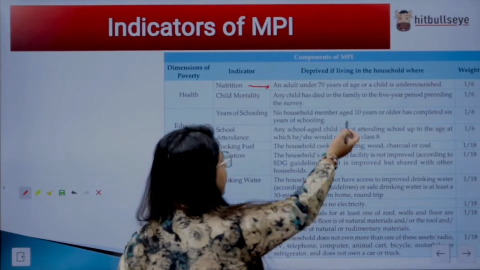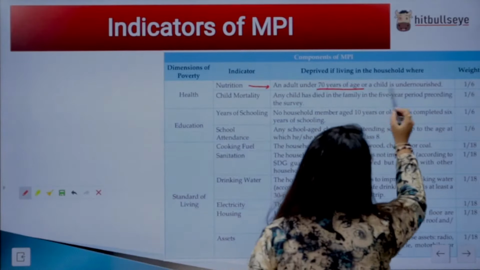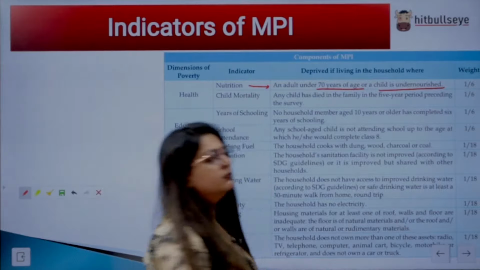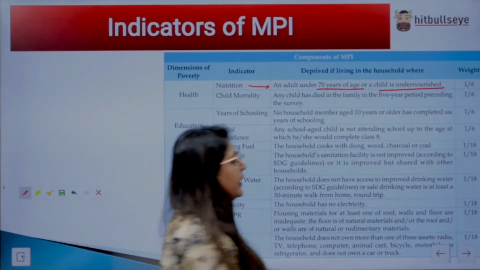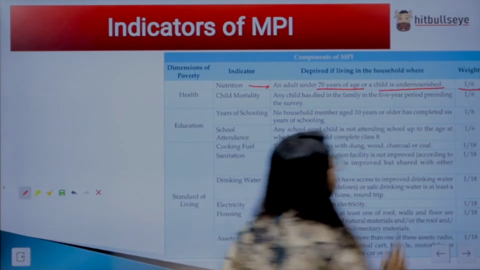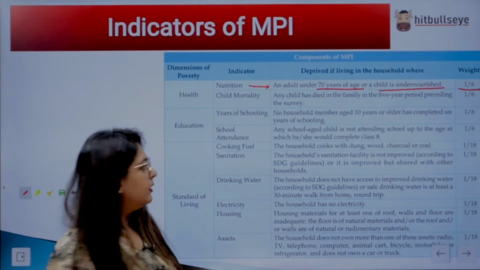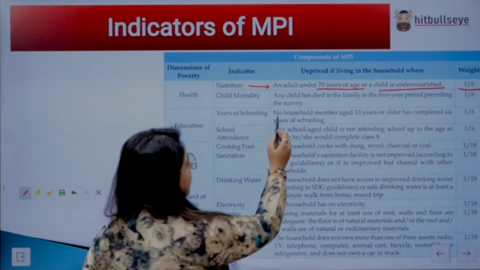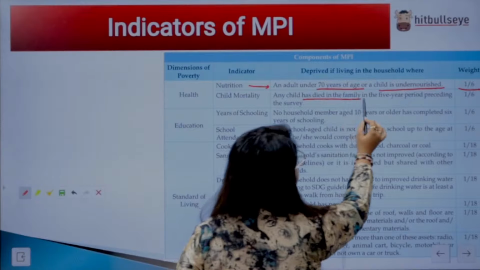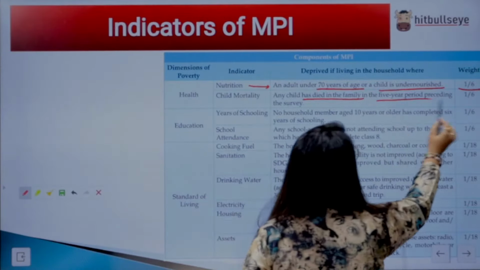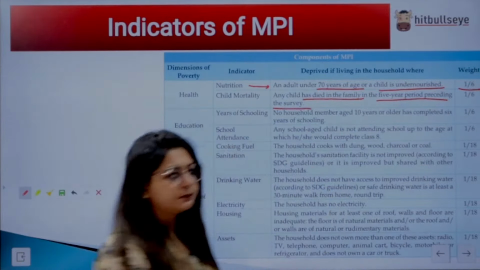An adult under 70 years of age or a child who is undernourished is considered, and the weightage given to them is 1/6. And the next is child mortality. Any child who has died in a family in the 5-year period preceding the survey.